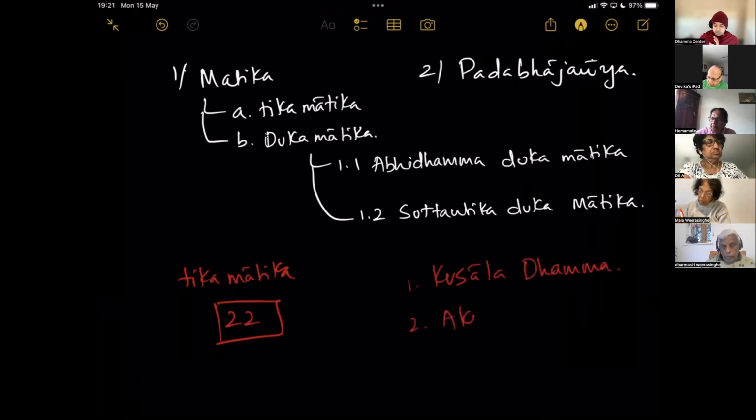This is one section, so this is one of the 22. Is that clear, everyone? Kusala Dhamma, Akusala Dhamma, and third is Abyakata Dhamma.